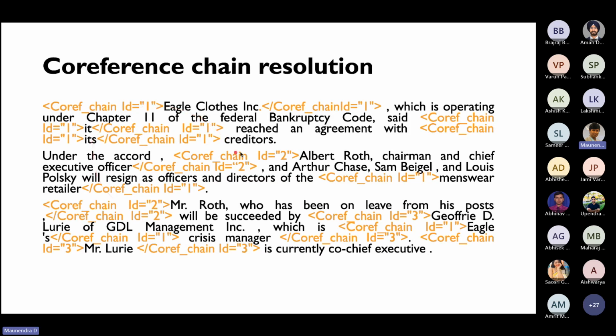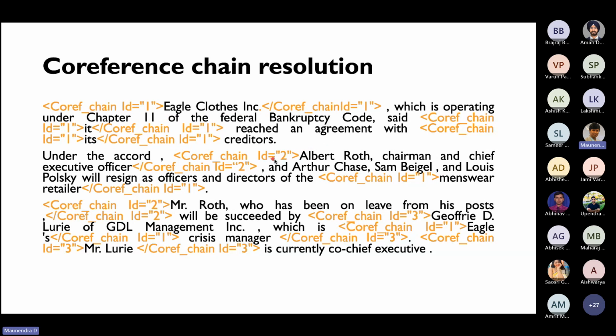Now suppose this is one text, and in this text there are multiple co-reference chains. In this dataset these are marked using tags like this: co-reference chain ID equal to 1 and closing tag. Wherever you find text inside co-reference chain ID equal to 1, all of it belongs to that same co-reference chain.